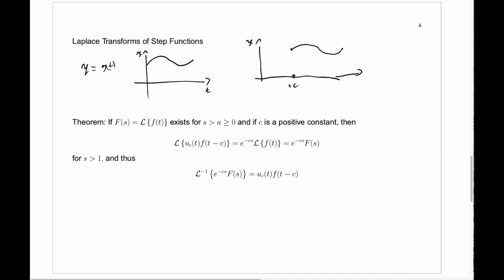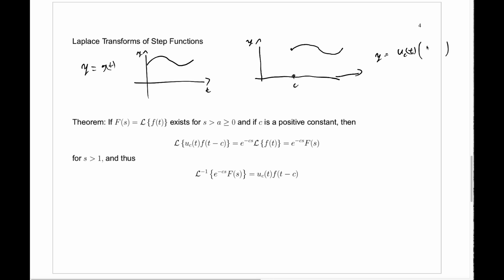Well, it's 0 until you get to c. So we're going to start by writing u sub c of t times something. That will guarantee it's 0 until c. Now u sub c is 1 after that. I want something that looks just like g did here, but shifted over to the right by c units.